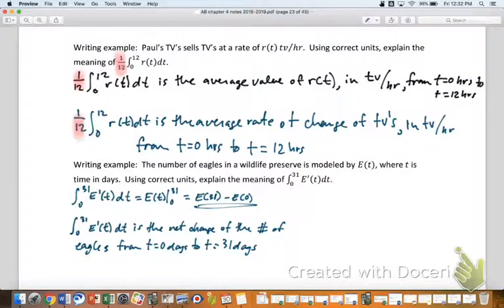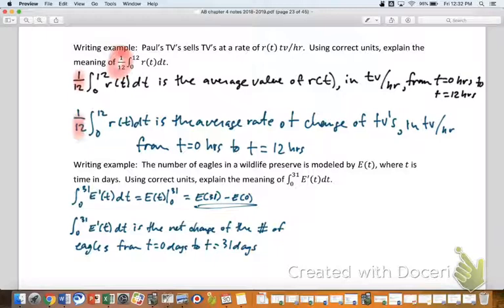Can you explain, please, why it's the net change of the amount instead of the rate like above? Okay, so you know what it all comes down to? There is one difference between these two expressions, and I'll highlight it for you. The 1/12. Right? So the 1/12, as far as the meaning goes, makes all the difference in the world.